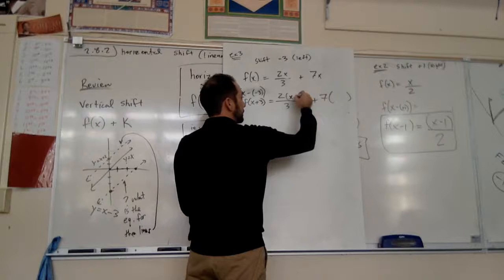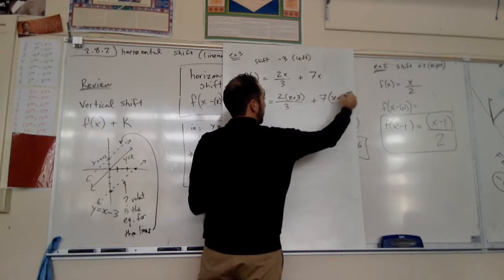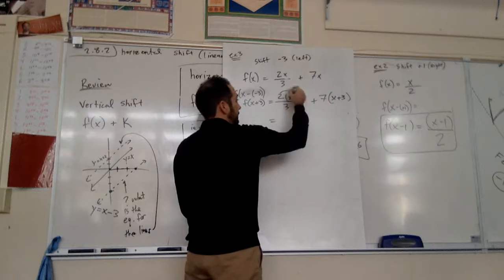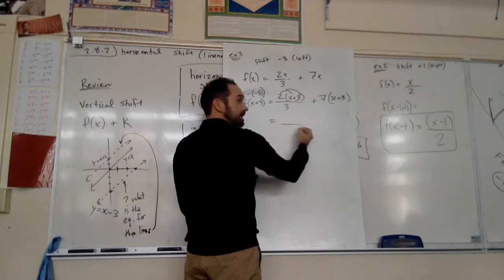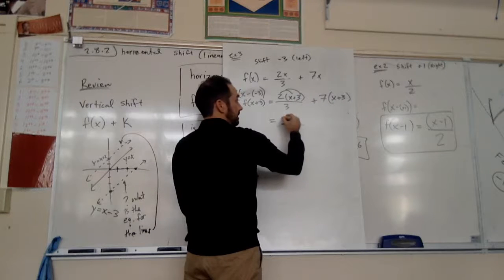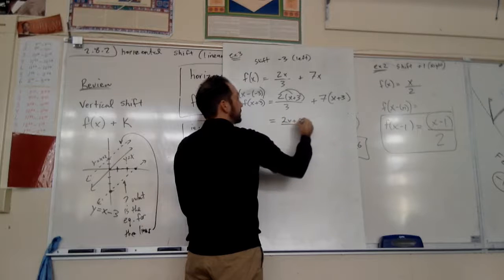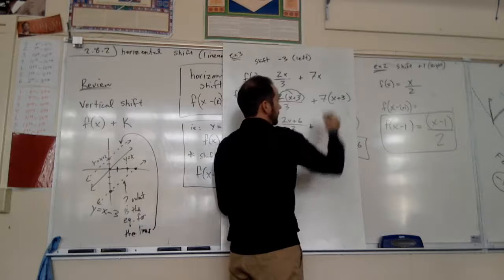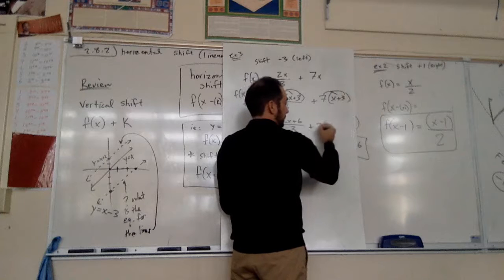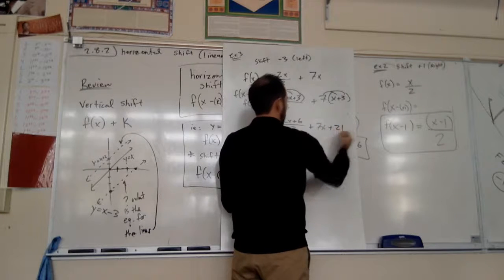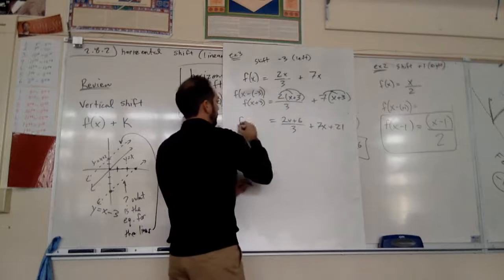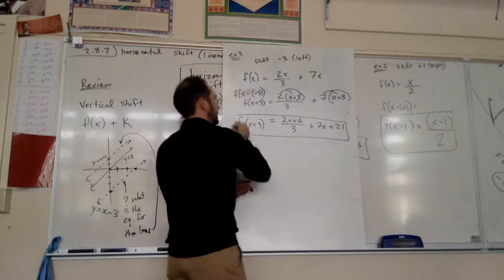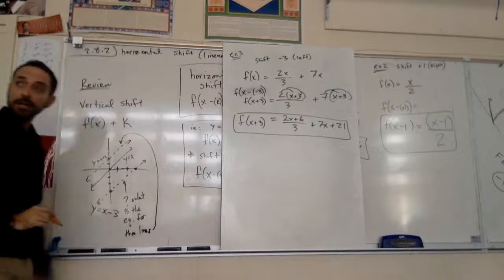X plus 3. Looks like we got to distribute a little bit. Okay, Joe, help me out. Distribute the top. This top of the fraction is 2x plus 6. Good. And Richard, help me out here. Distribute this for me. 7x plus 10. Okay. And you could work really, really hard to combine all those terms, but that's a different lesson. So I'm going to let you go ahead and keep it like that.